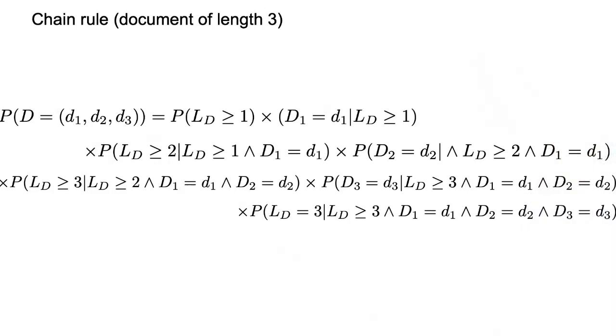If I want my document to be, I don't know, "I love information retrieval", then that would be the probability that my document has at least one word, times the probability that the first term is "I", knowing that it's at least 1, times the probability that the length is at least 2, knowing the first term is "I", times the probability that the second term is "love", given that the first one is "I" and the length is at least 2, times the probability the length is at least 3, knowing that it starts with "I love", times the probability that the third term is "information", given that it starts with "I love" and the length is at least 3, and so on, right?